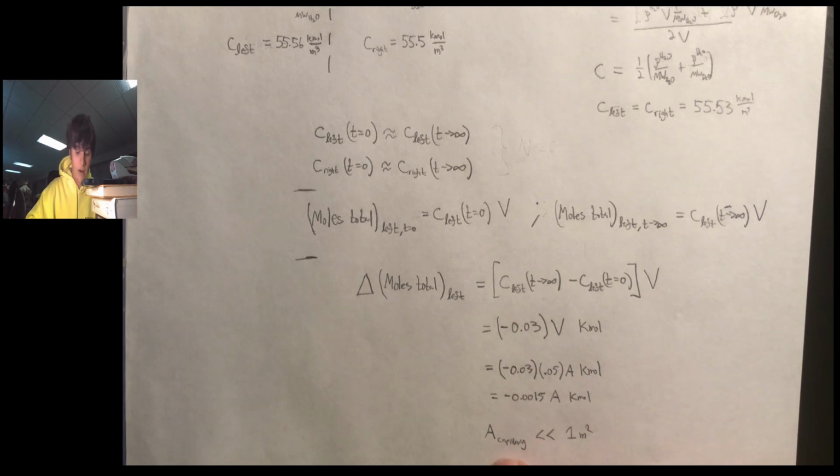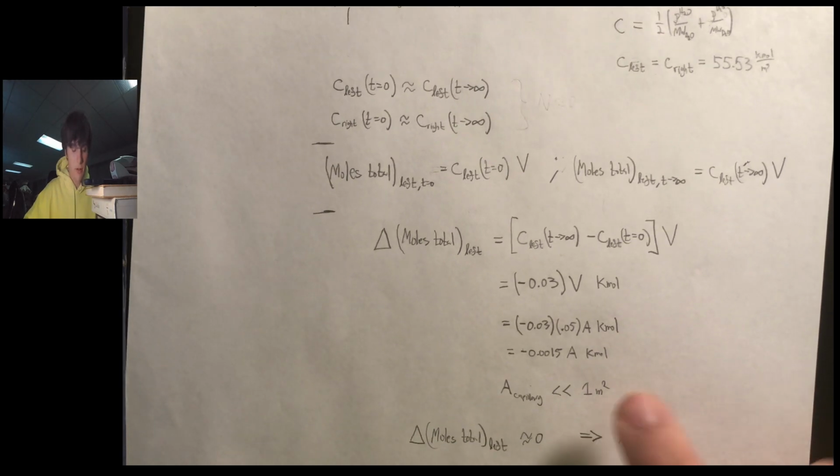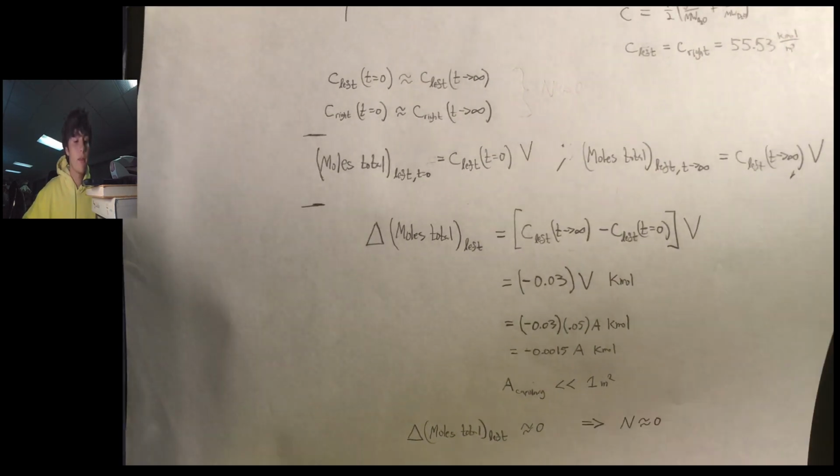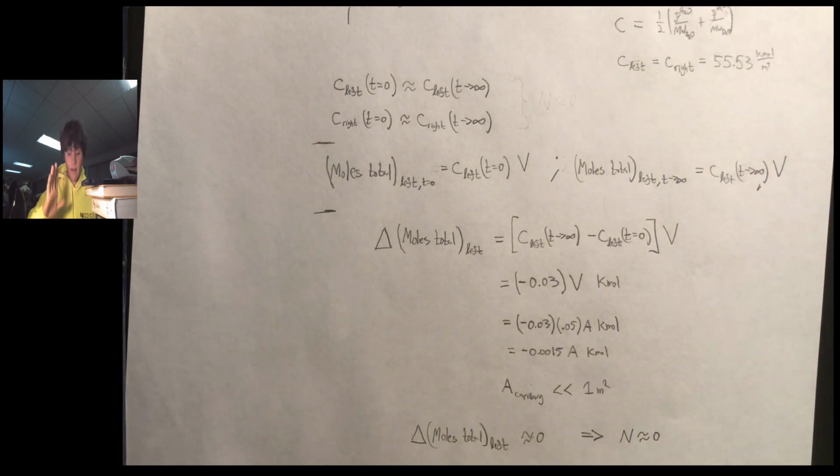So we can say that the area of the capillary is much less than 1 square meter, meaning that the total net change in moles on the left-hand side, we can just approximate to be 0. And since there is no net change in the total number of moles on the left-hand side, we can say that the total molar flux is approximately equal to 0. And that assumption greatly simplifies the problem.